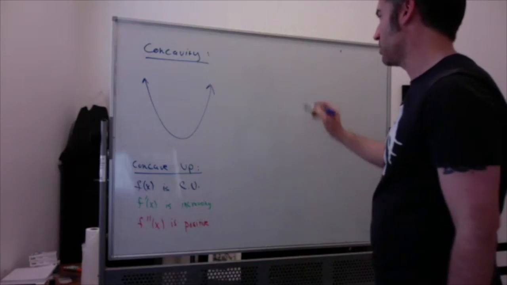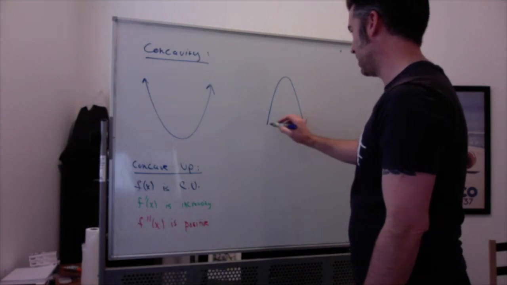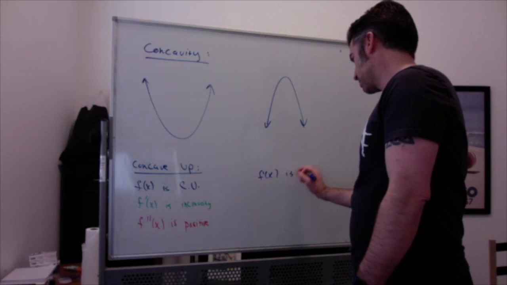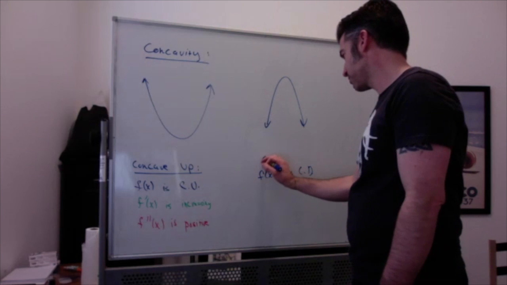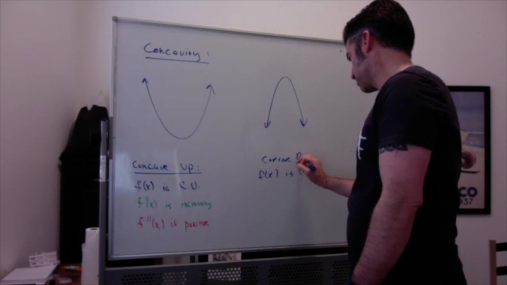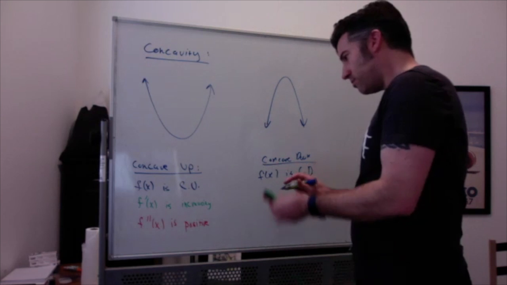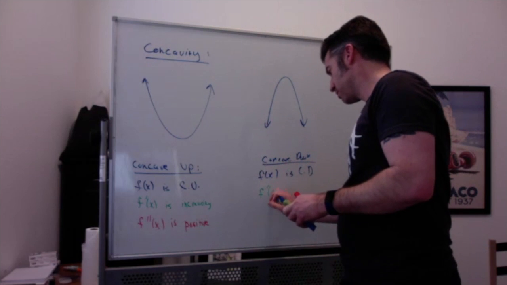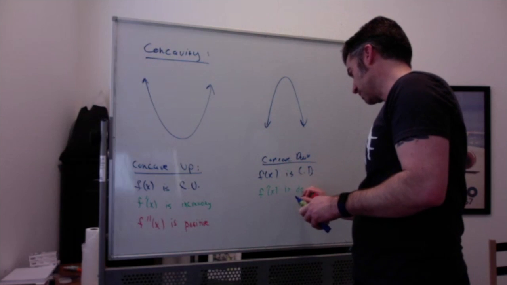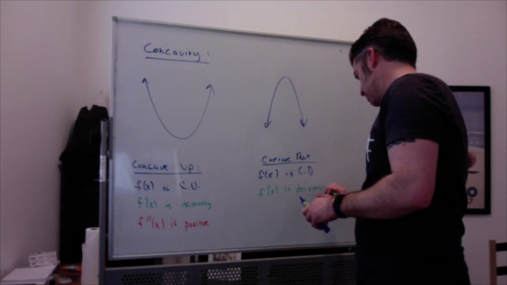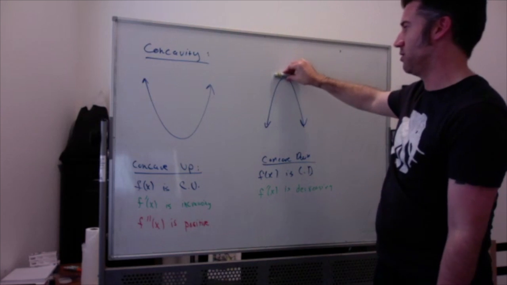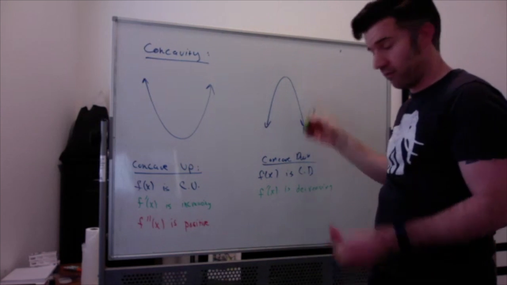And then you can also have something concave down, and you've got essentially the same stuff going on. F of x is concave down. And you can say that the first derivative is decreasing. It's starting off super positive, and then less positive, and then 0, and then negative, and then more negative.